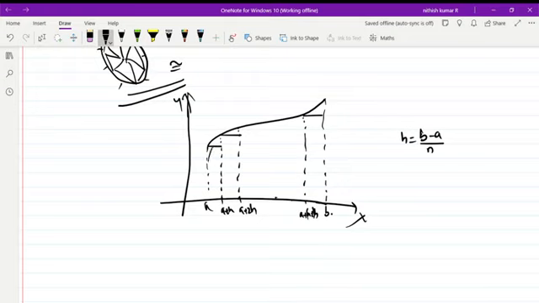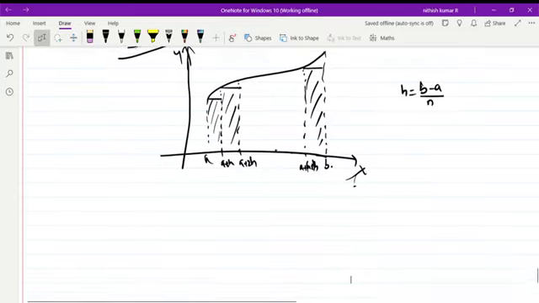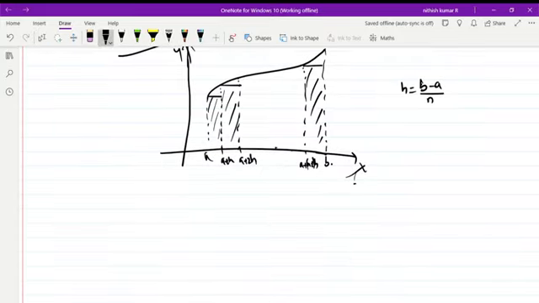Then find the area of these rectangles. If you observe, the area of the first rectangle is f of A into this difference h. The area of the second rectangle is f of A plus h into h.